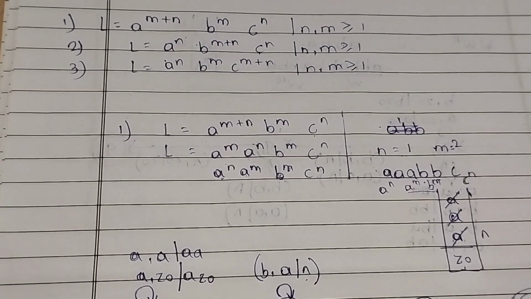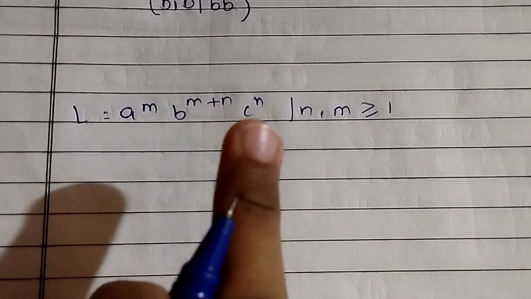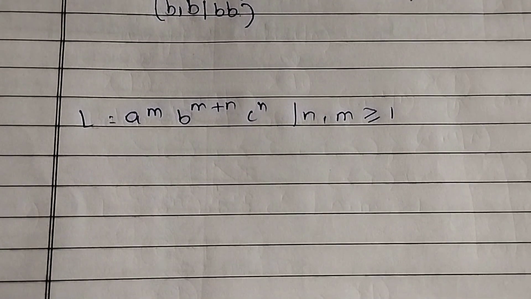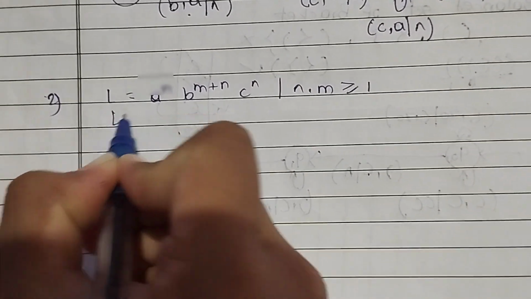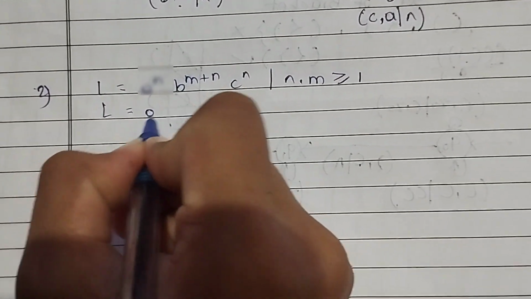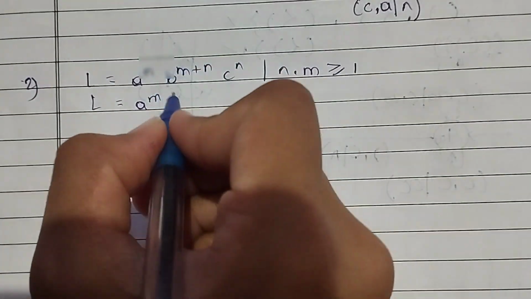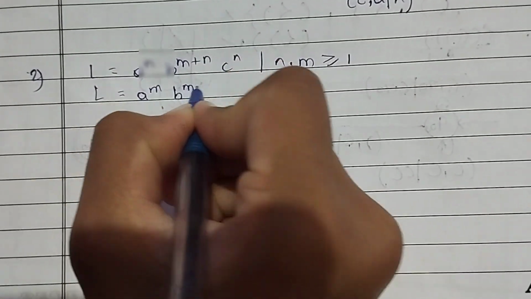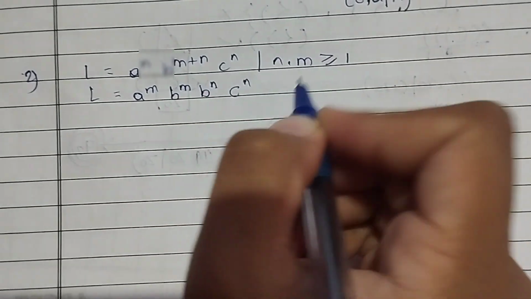Let's start. The second equation, a raised to m, b raised to m plus n, c raised to n. Now we simplify this equation. How? First L is equal to a raised to m, and b raised to m plus n is nothing but b raised to m and b raised to n, and c raised to n.